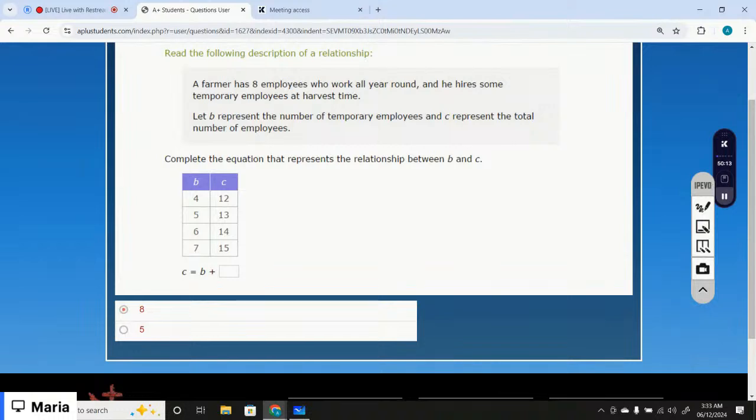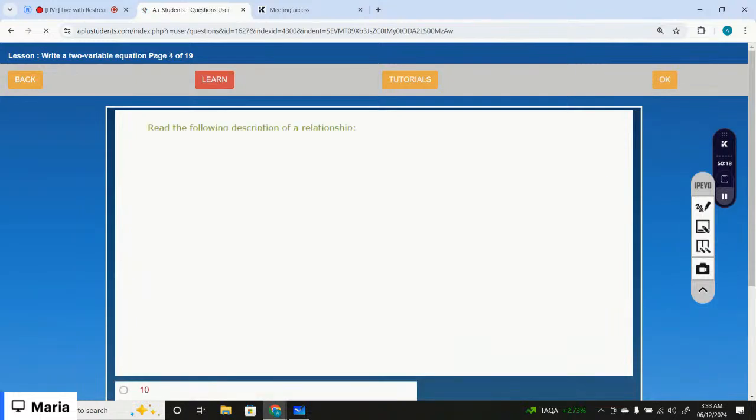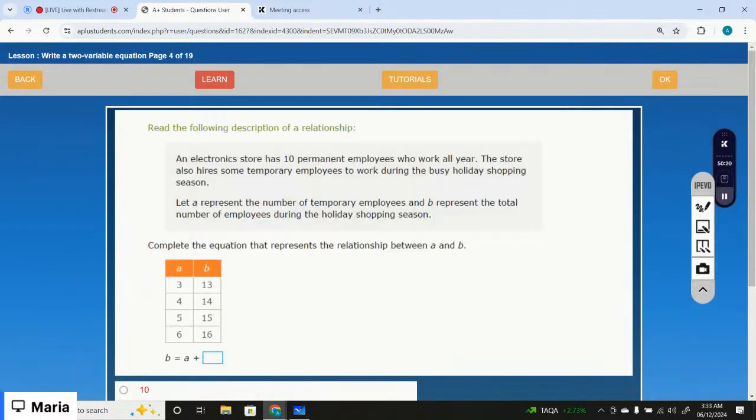Option number 1 is the correct option. Complete the equation that represents the relationship between A and B, which is the correct option.